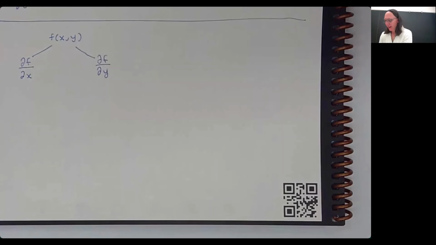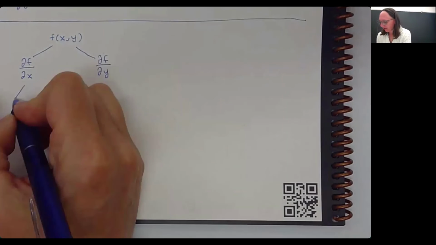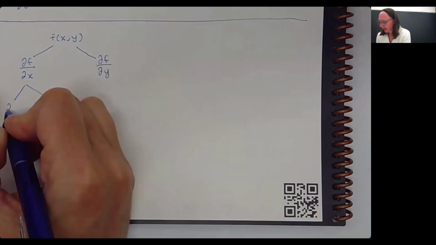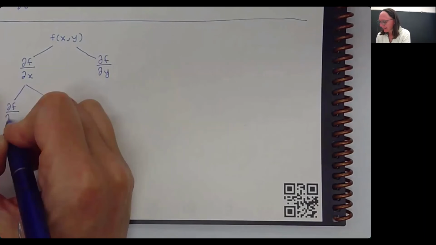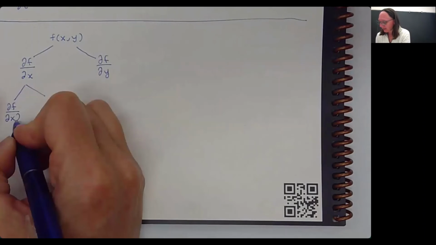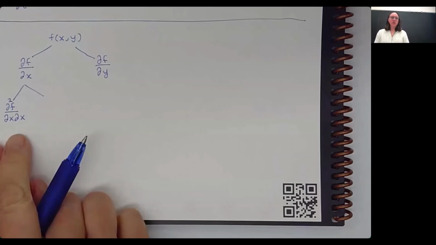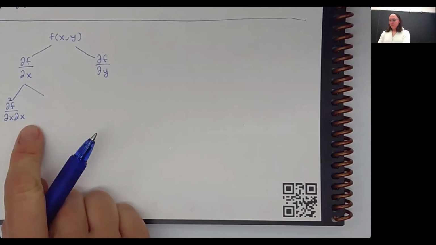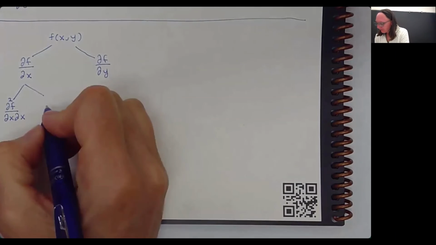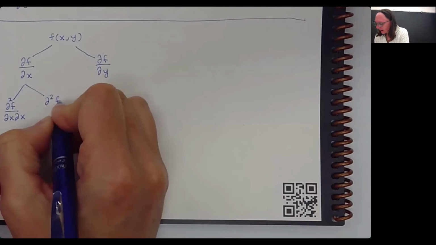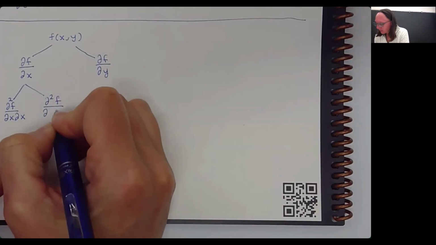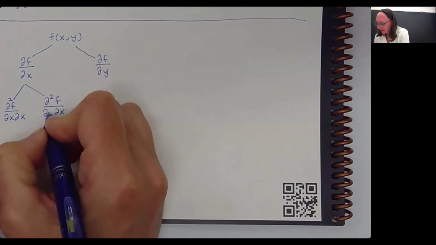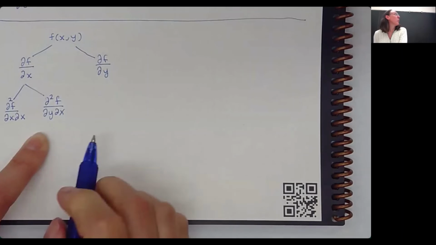But after I've done that, I can take the partial of f with respect to x again. That's our notation for taking the partial with respect to x twice. Or I can first take the partial with respect to x and then take the partial with respect to y.